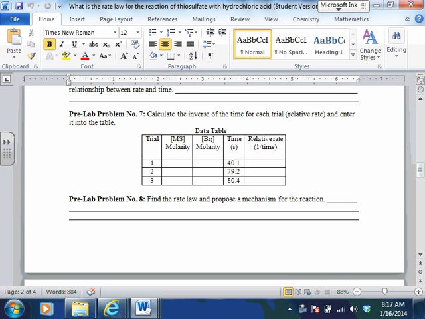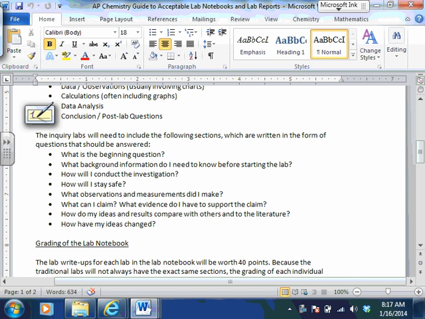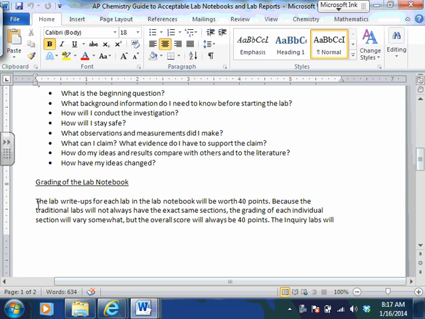You can do the relative rate thing if you want to, the 1 over time. For some students that really helps. You might be able to see it just from the time. You just need to remember that the higher the time, obviously the slower the reaction. So it's kind of opposite of what you might think. Just watch out for that. Okay, so as far as observations and measurements, that's what you would do.